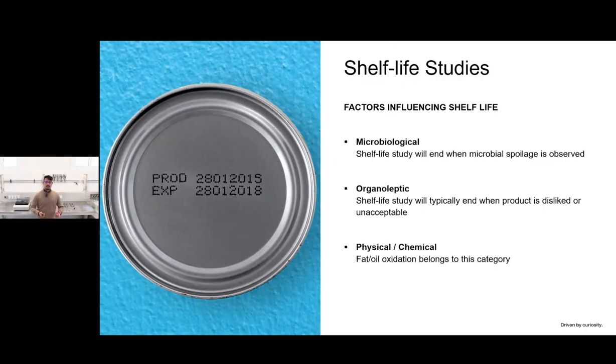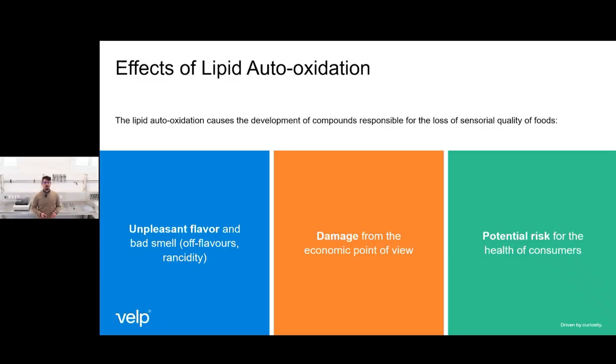life. When we study shelf life, three main aspects come into play. In particular, we can categorize them into microbiological, organoleptical, and physical and chemical factors. When lipids undergo oxidation, several undesired effects appear. We start to see the formation, for example, of compounds responsible for rancid odors and unpleasant flavors, which strongly affect the sensory quality of food.